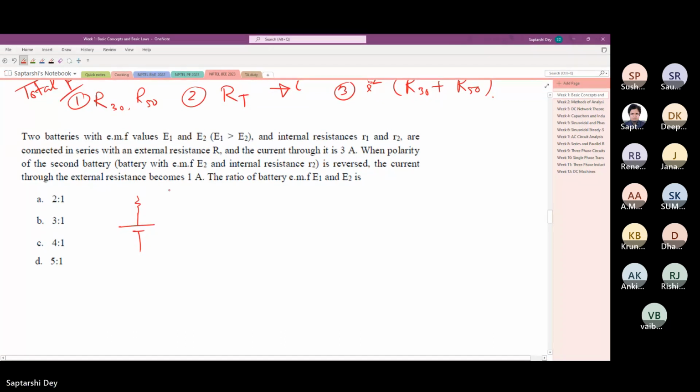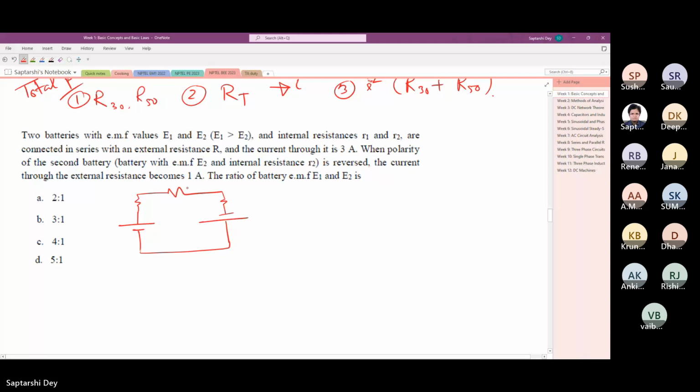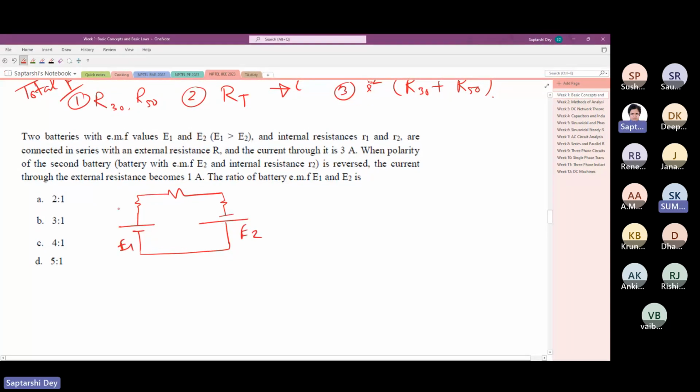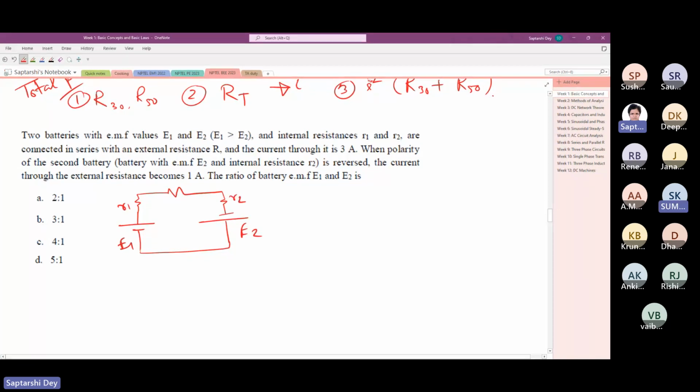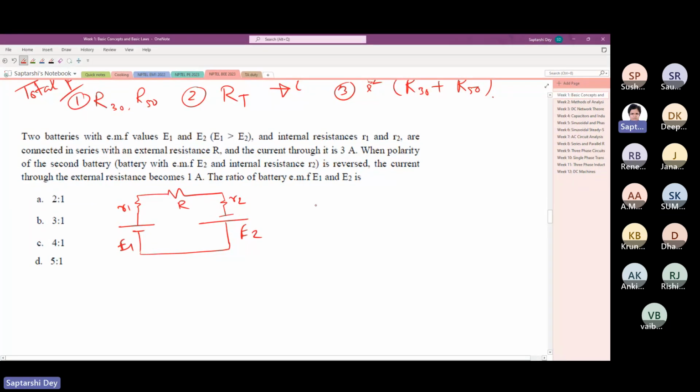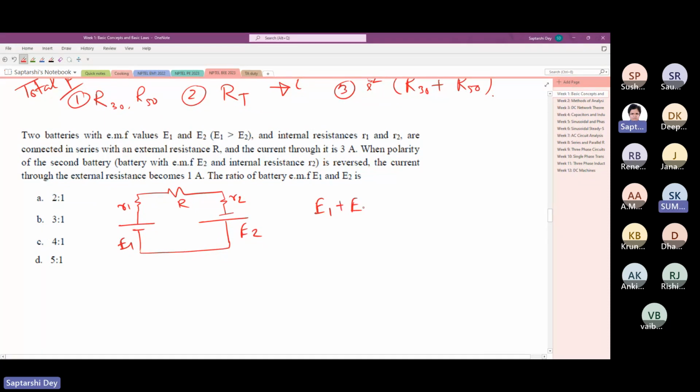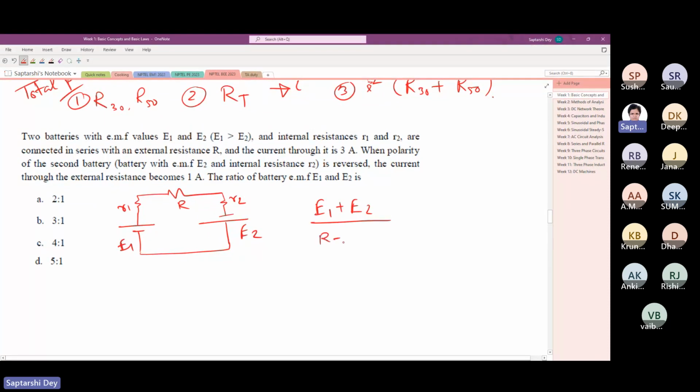Like this: E1, E2, R1, R2, capital R. So what we had is (E1 plus E2) by (R plus R1 plus R2) was 3.